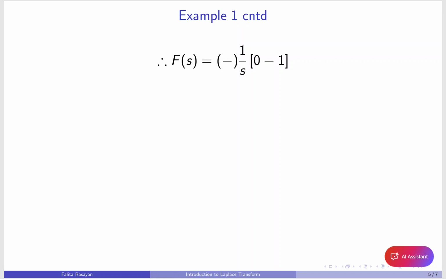The first term tends to 0 and the second term is 1. So we have minus 1 by s times minus 1, and thus F(s) equals 1 by s. So it is very clear to you that f(t) is not equal to F(s). f(t) equals 1 corresponds to F(s) equals 1 by s.